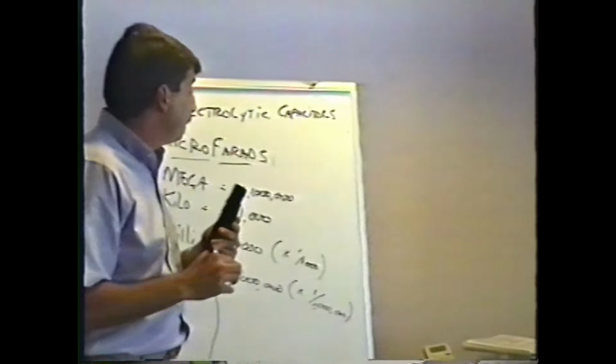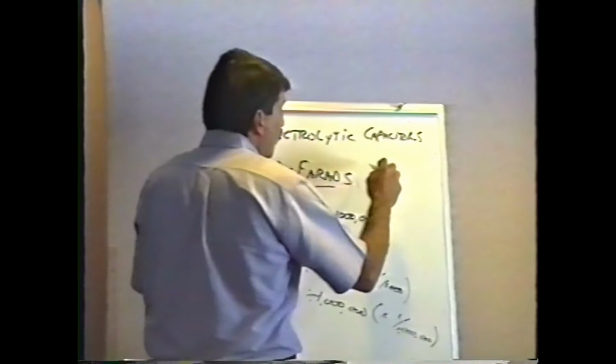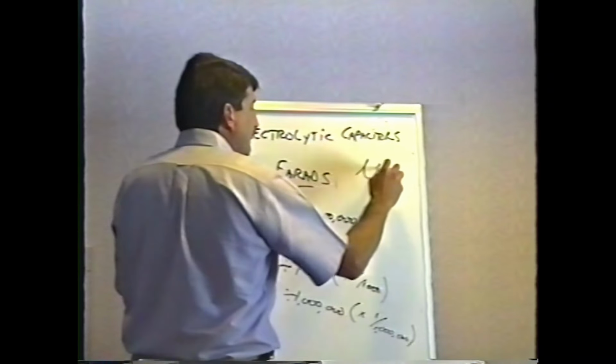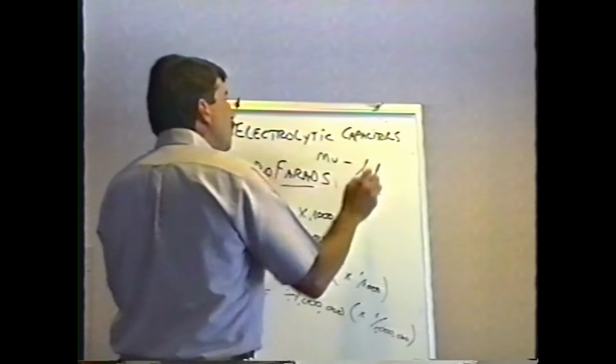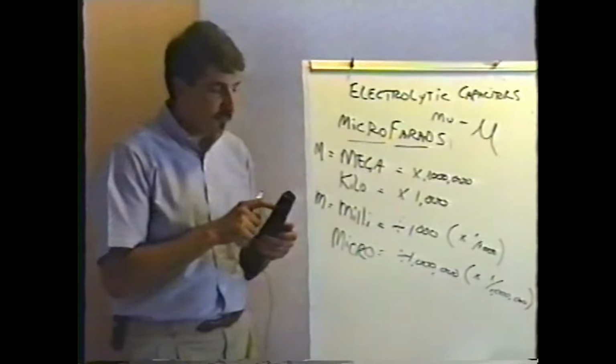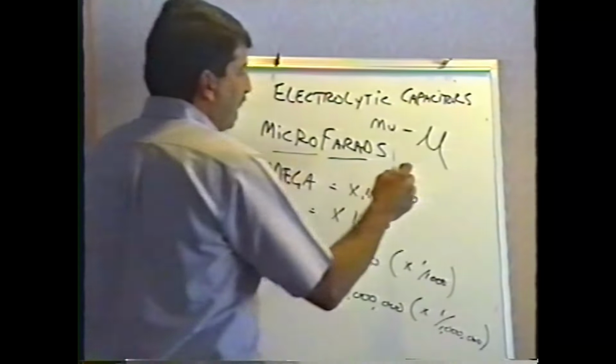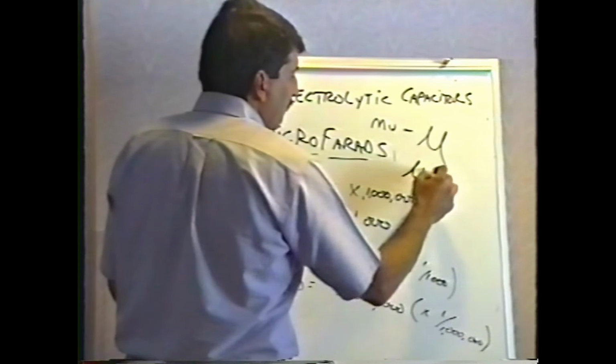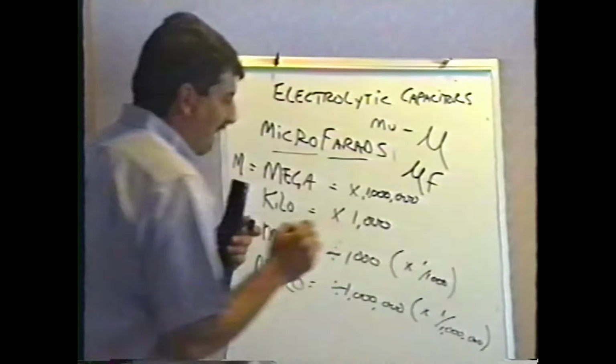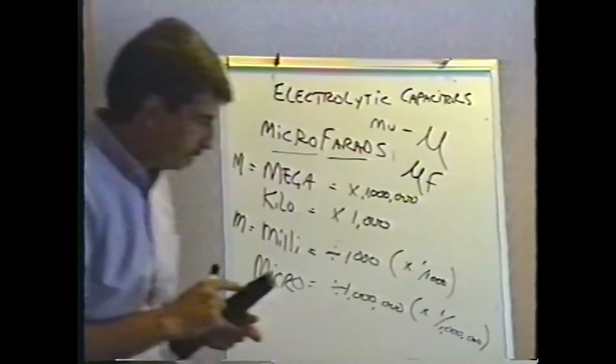What we usually do in this case is we go to the Greek alphabet. And we use the Greek letter mu, which looks like this. That's the Greek letter mu for microfarads. And so we abbreviate microfarads like this, mu F, microfarads.